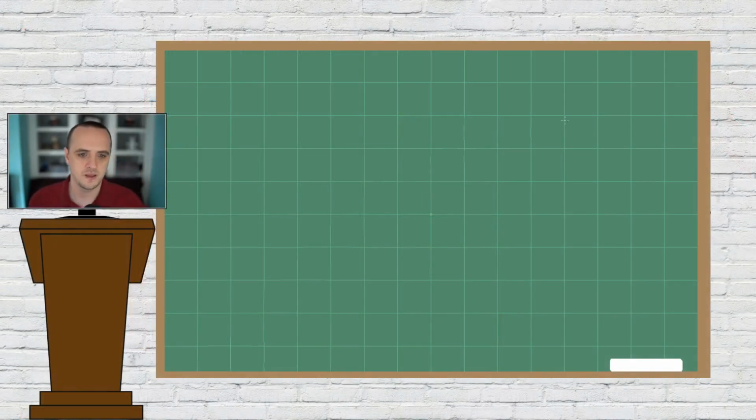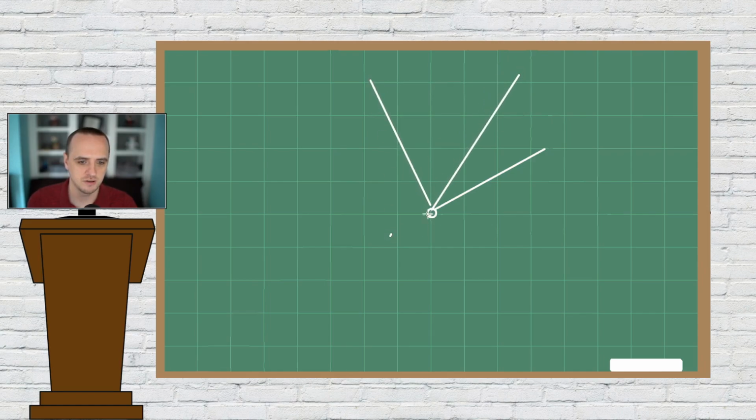So here's the blackboard. I'm going to have this light source here. Let me probably draw in white, I think would be best. So I'm going to have this light source here in the middle. Okay, so that's the middle. And now we're going to have a bunch of rays. So let's say this ray goes out to here. This one goes to here. This one goes to here. This one is here.